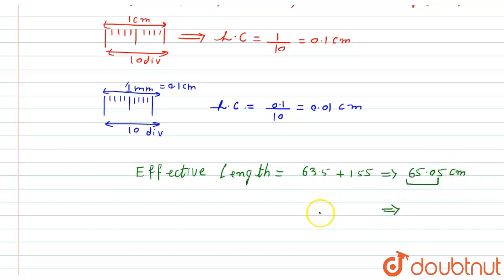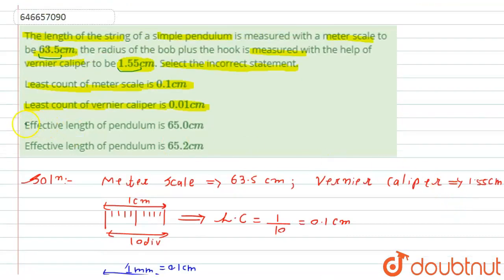So up to 3 significant digits, the effective length of the pendulum will be equal to 65.0 centimeter, and by this, option 3 will also become correct, and ultimately option D will become incorrect.